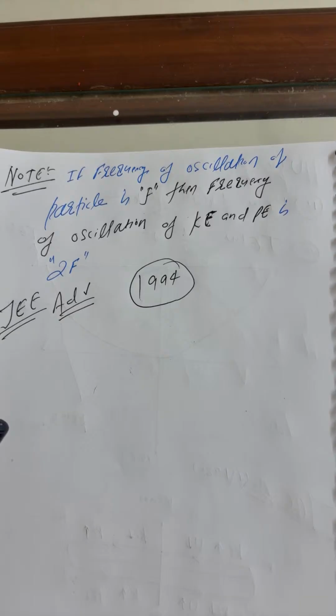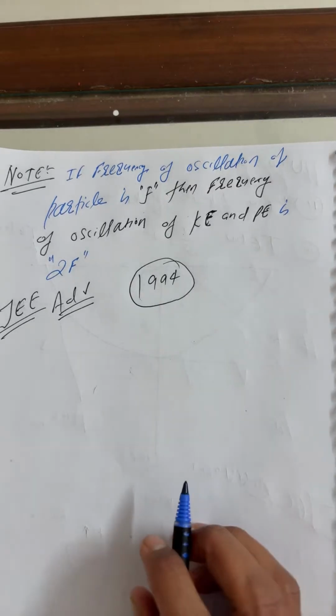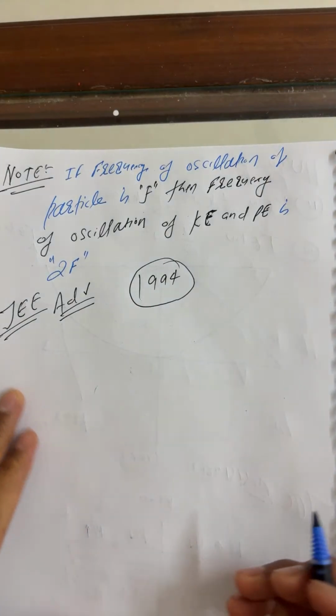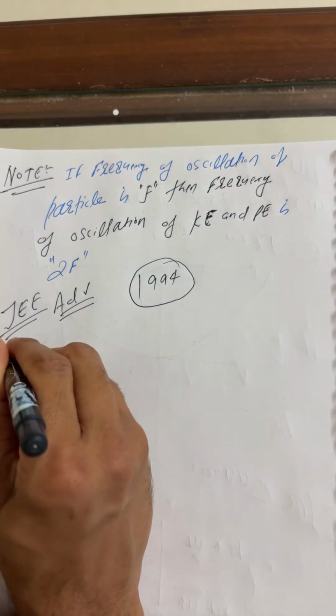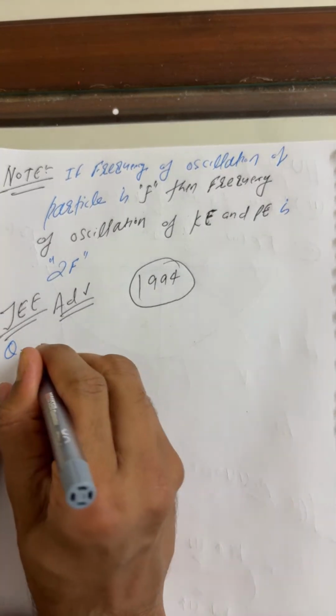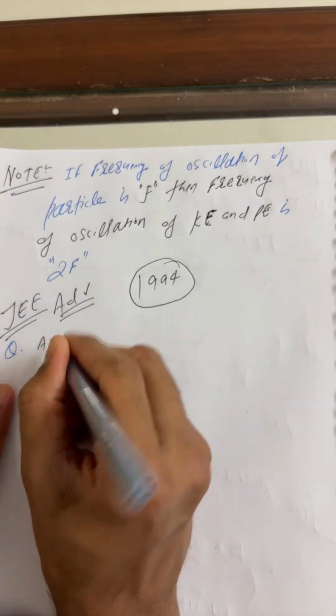Now, beta, you can go through this here. Yes, 1994. What's the big deal? I'll write the question here.